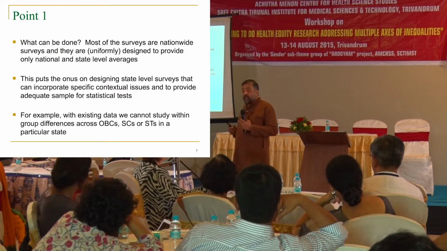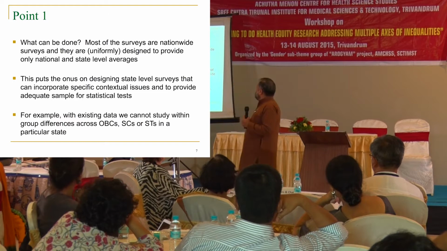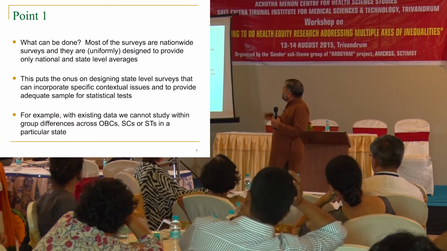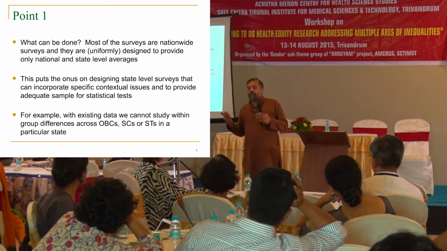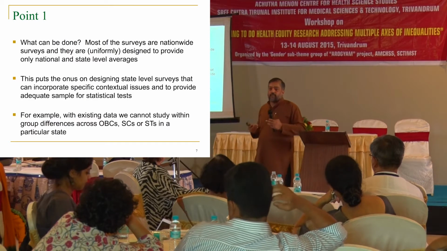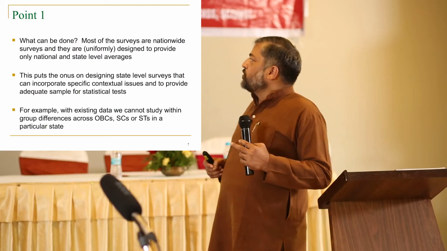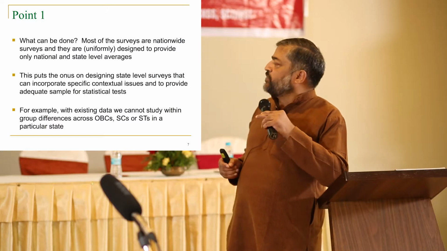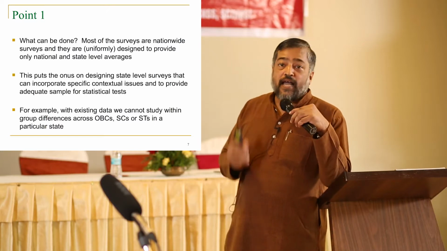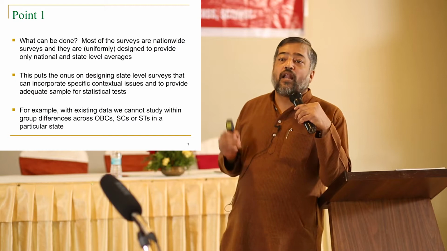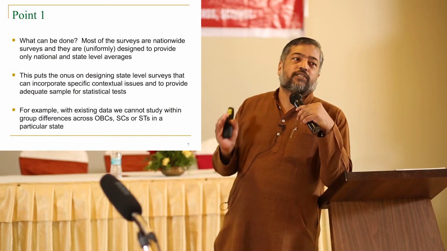Now the question, what can be done? We have nationwide surveys, they are uniformly designed. The greater focus is on representativeness, the greater focus is on getting estimates with a lesser confidence interval, more reliable, more credible estimates. So one lesson we learn is that we have to have a design which will allow us intersectionality analysis.